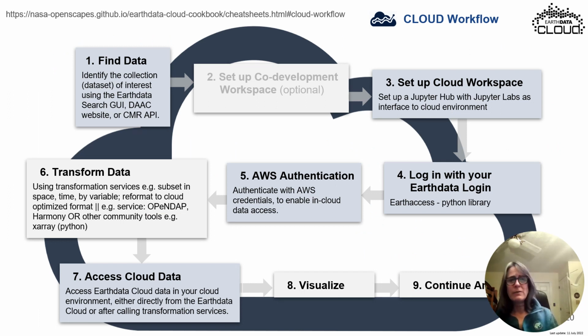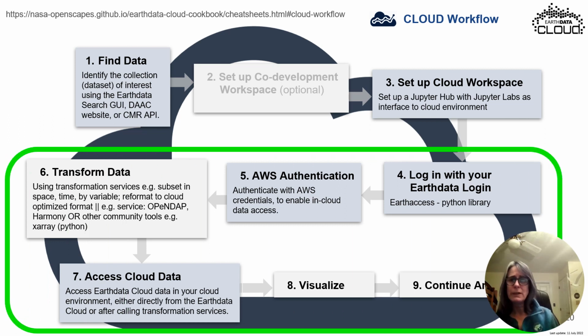Okay, so we found data, we have set up our cloud workspace, and then we can really get into the meat of programming and doing what we need to do with data. So steps 4 and 5 here, Eli has probably told you that you're going to need an Earthdata login.